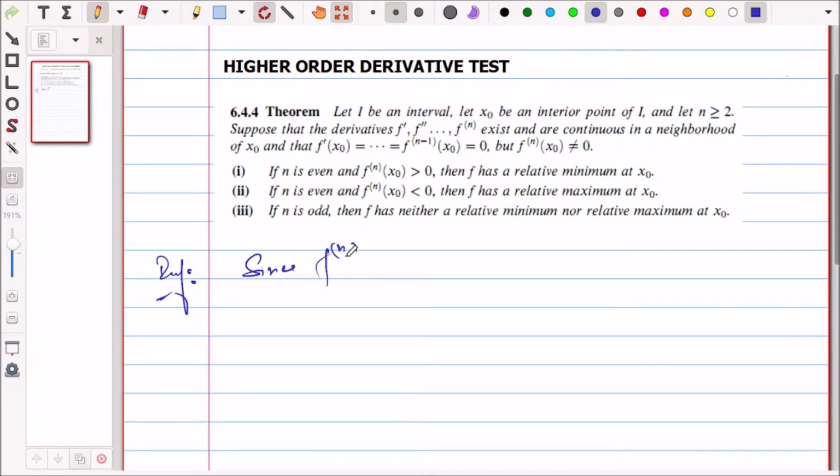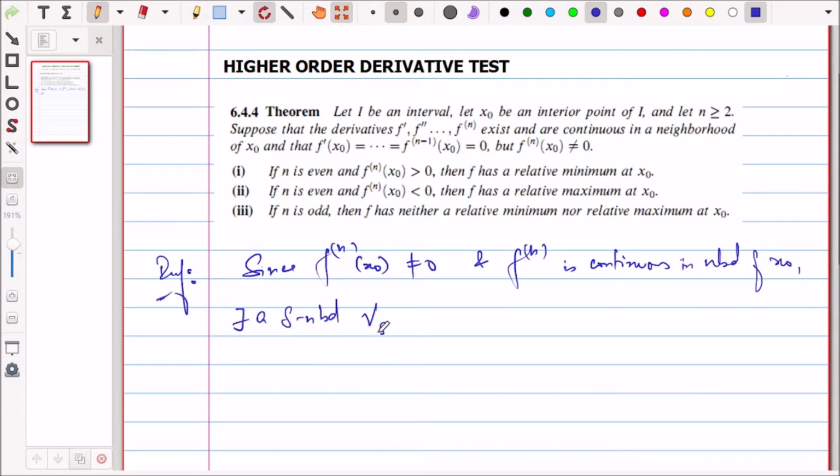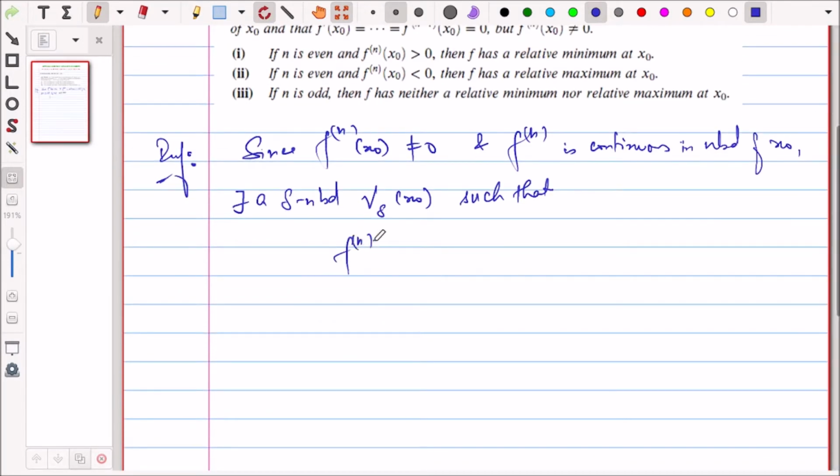Since fn x naught is not equal to 0 and fn is continuous in neighborhood of x naught, there exists a delta neighborhood V delta of x naught such that fn x is not equal to 0. In fact, it will have the same sign as fn x naught.